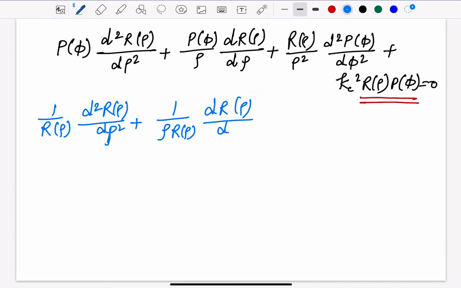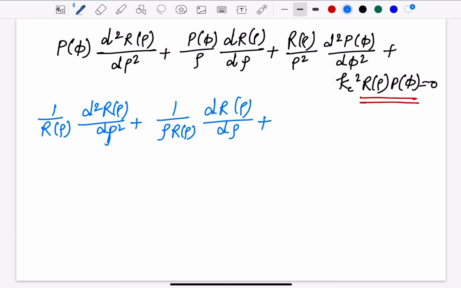Now what you can see here, these equations are along the function of P or R, so similarly we will be approaching what we did last time. We'll be considering a constant here, and accordingly we'll be writing the separate solution for R and P.